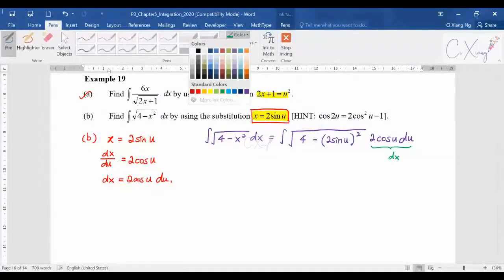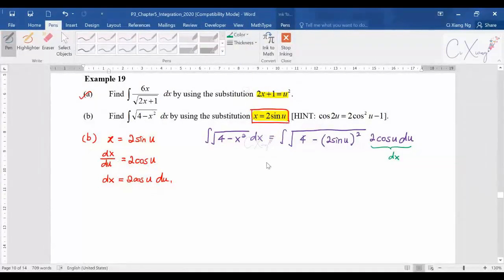After that, you need to try to simplify your equation first before you can continue with the integration. If I put the square into the bracket, I will have 4 minus 4 sine square u, because 2 square is 4. Then the 2 cos u du, I just copy first.